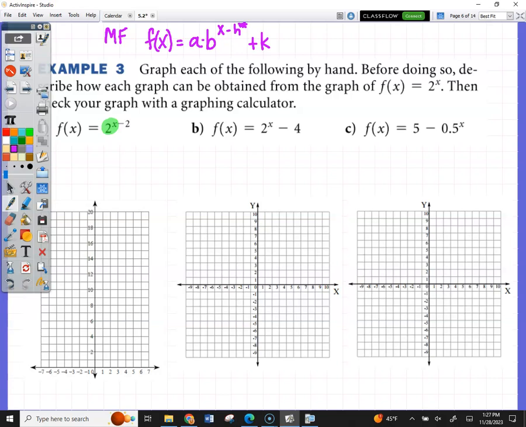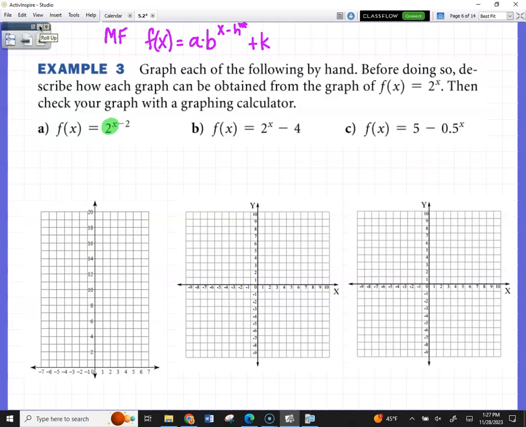So let's make note. First of all, is this growth or decay? Growth. It is growth because the base is greater than 1. And then it is shifting right 2.